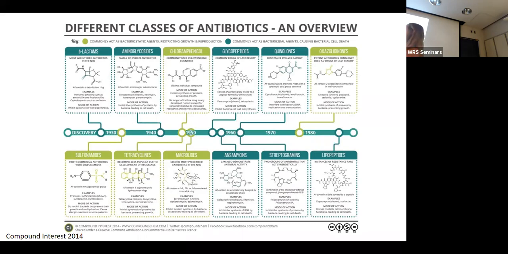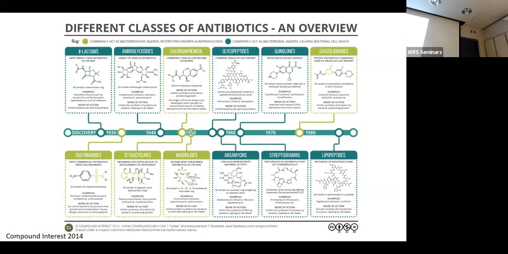So the ones that I'll be focusing on are the beta-lactams, the fluoroquinolones. They just have a fluorine versus the quinolones, which don't necessarily. Sulfonamides, tetracyclines, and macrolides. Not super important, but just familiarizing you with the names of these as I speak about them in further detail coming up.